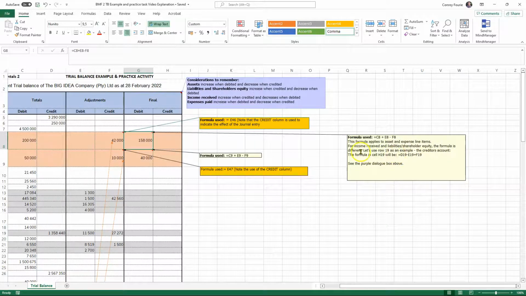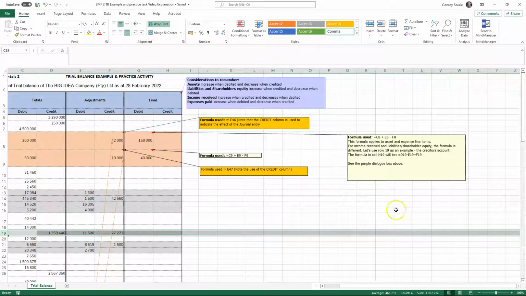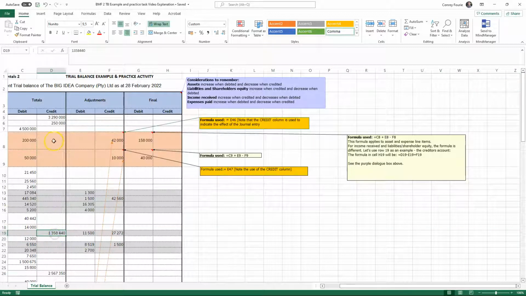And then for income received and liability and shareholders' equity, the formula is different. So if we use row 19 as an example, the formula will be D19, which is the creditors value, minus E19, which is that one, because a debit decreases the creditors, plus F19. Okay, you can see that's the formula that you will use for credit numbers.